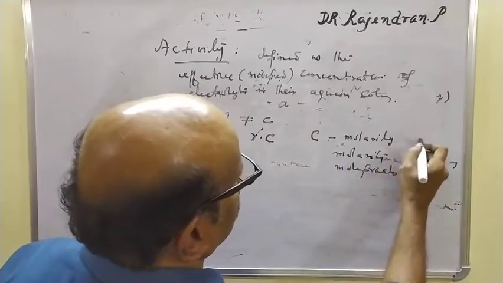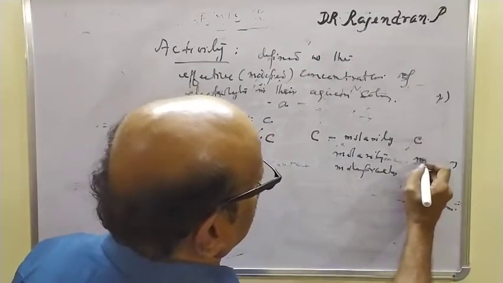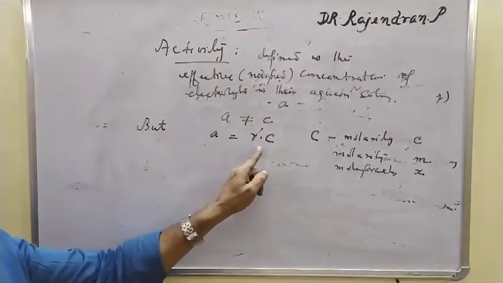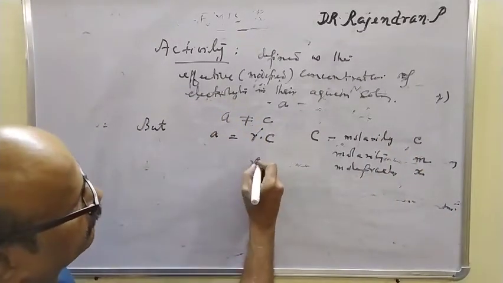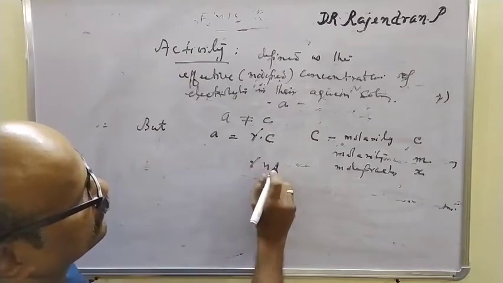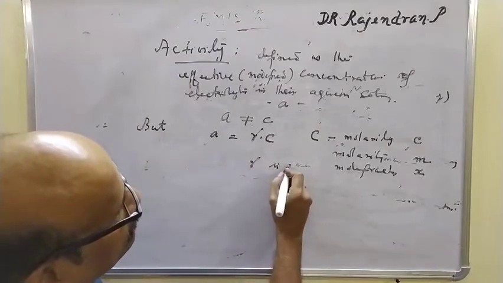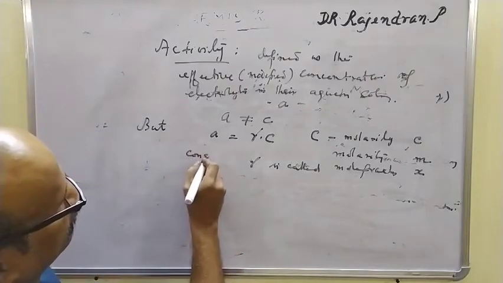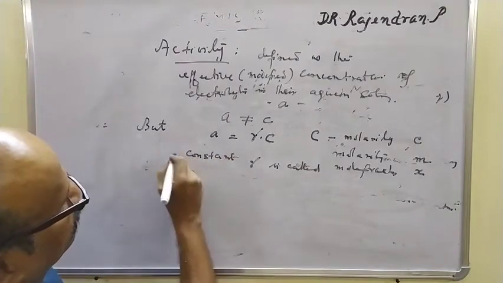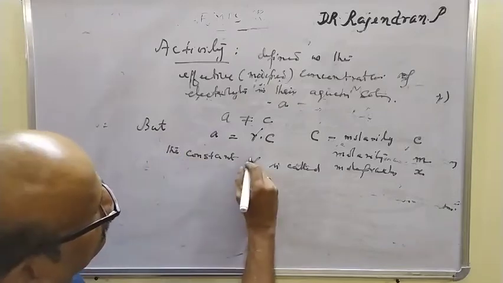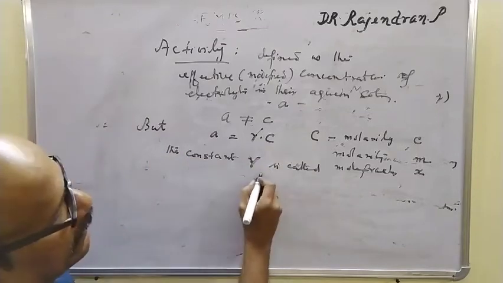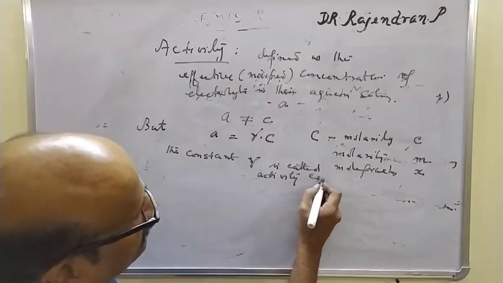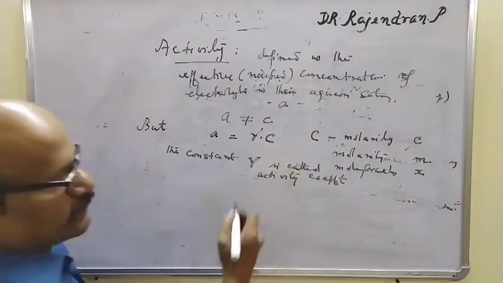Molarity is usually represented by M, mole fraction by X. And gamma is an empirical factor. The constant gamma is called the activity coefficient. That's very important: activity coefficient.